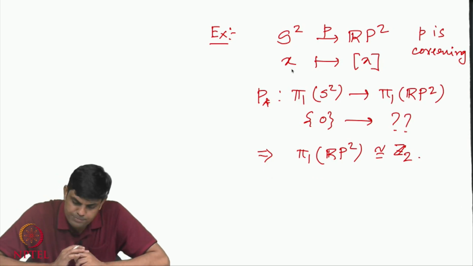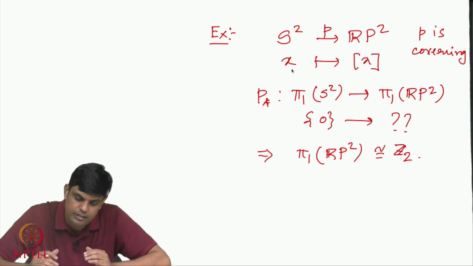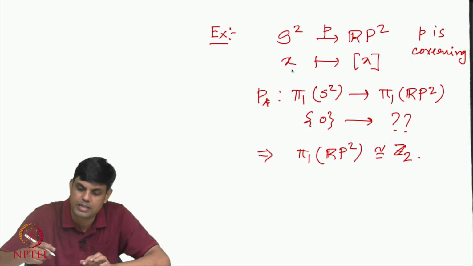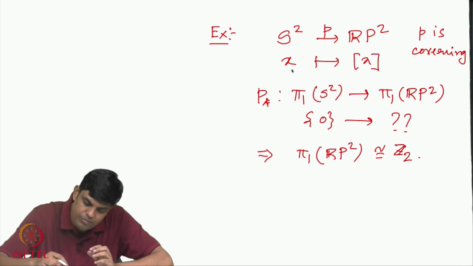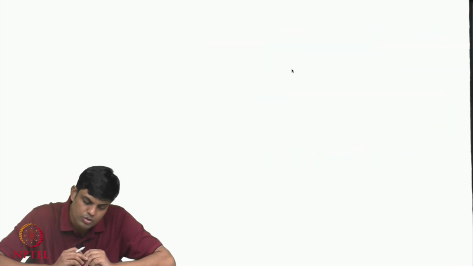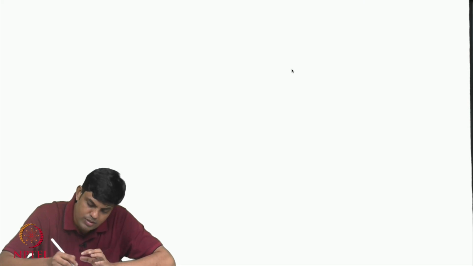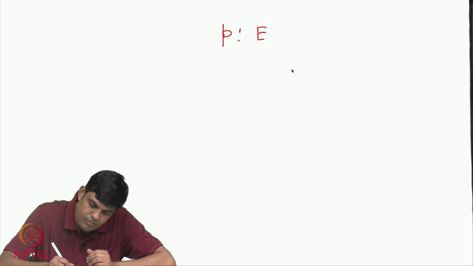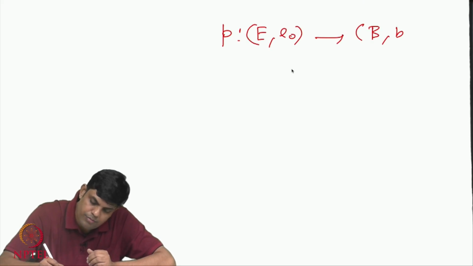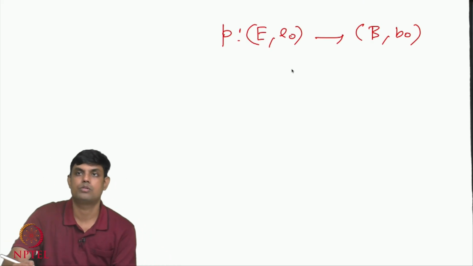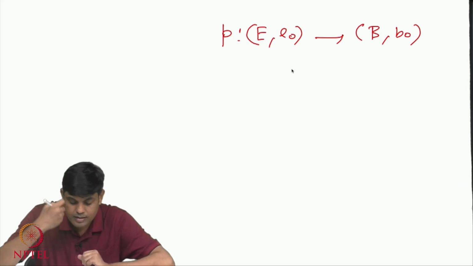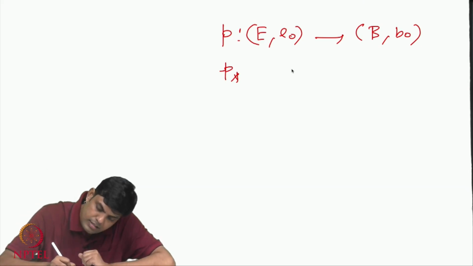Now, let us see something which is slightly related to these results, but in a slightly different way of expressing the things that we were discussing. The first thing that we noted in this discussion is that if I have a covering map from E0 to B0, then the corresponding map P star is injective.